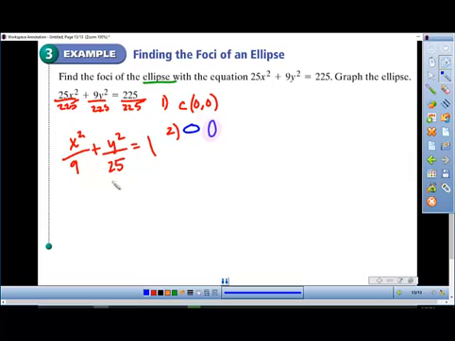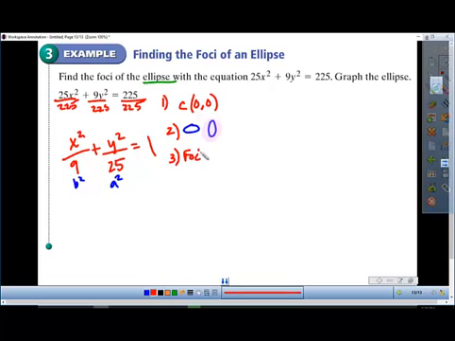That means this will be a squared, this will be b squared. Step 3, we can figure out our c squared to find our focus, or foci. So if we have a squared, which is 25, minus b squared, which is 9, that'll be 16. Take the square root of that, and that'll be 4. So the distance to the focus will be 4.